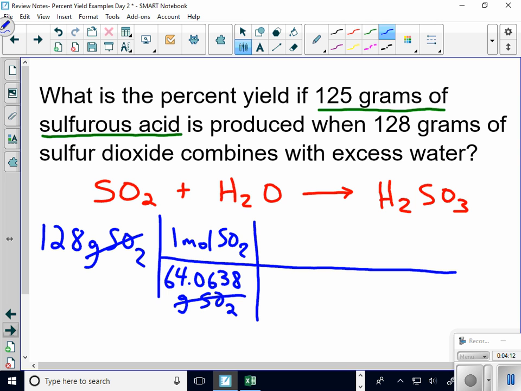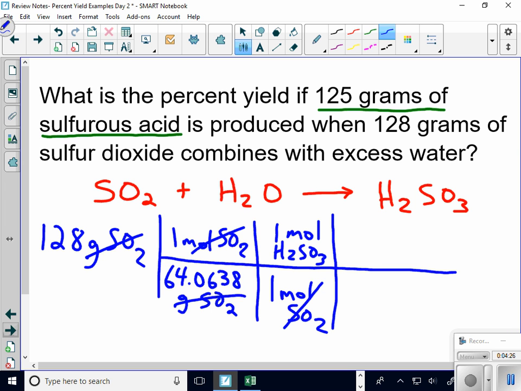My grams of SO2 cancel. I've converted that to moles. I look at my molar ratio: 1 mole of SO2, 1 mole of H2SO3. My moles of SO2 then will cancel.